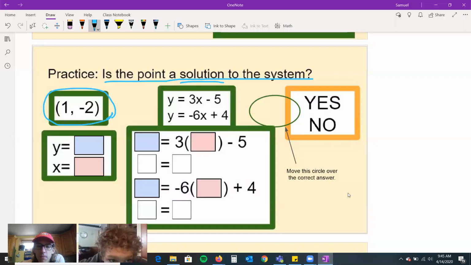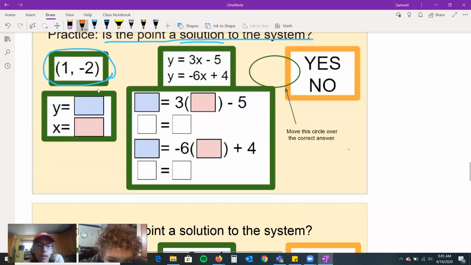Alrighty. If you're still finishing up there, that's okay. But let's go ahead and check and go over it. That should be the correct equation. All right, so let's go ahead and check.